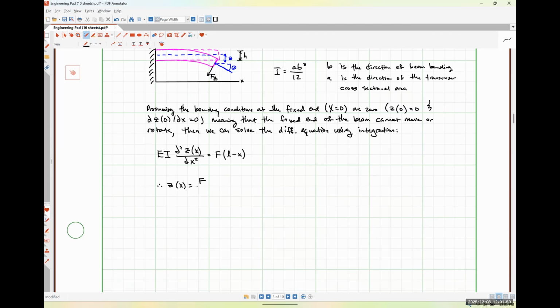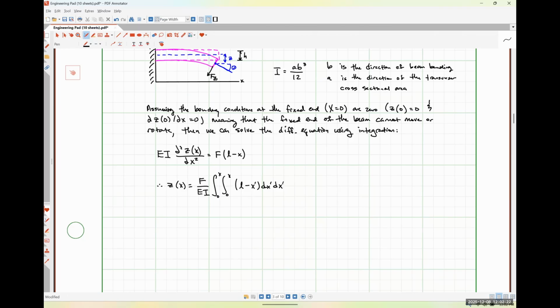So that'll be force divided by EI, integral from 0 to where I'm interested in, twice, because I had a second derivative, so I need to integrate twice, of L minus X. I'm using prime there as a dummy variable, like so.